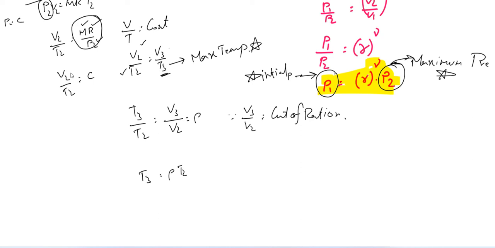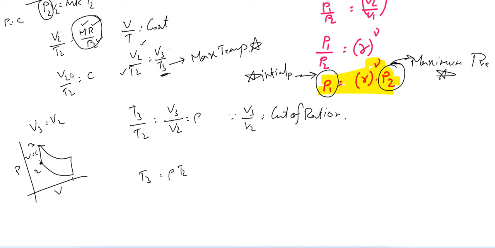V3 by V2. You may ask why we did not discuss this point in the Otto cycle. See, in the Otto cycle, V3 equals V2, constant, right? The graph will be like this, 1, 2, 3 on the PV graph. Here volume equals constant.